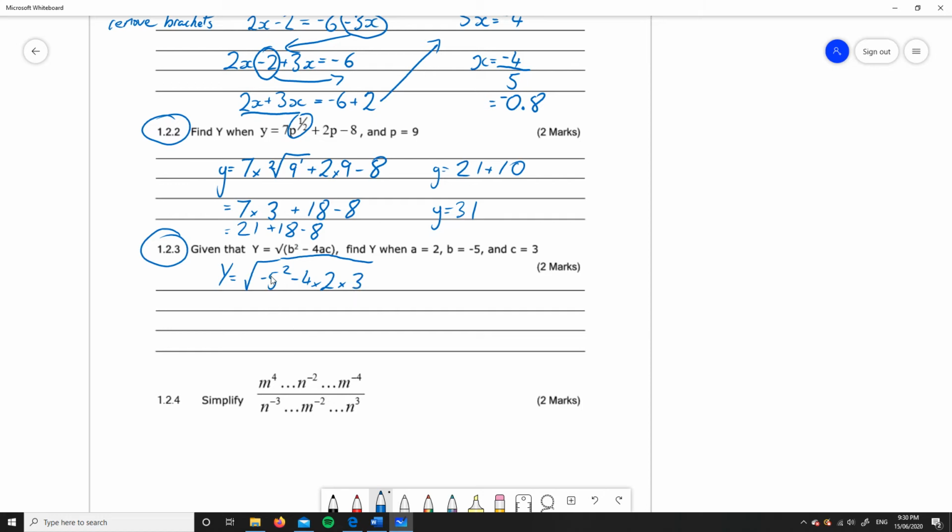So minus 5 squared is going to be 25 minus 8 times 3, so that's going to be 25 minus 24. So y equals square root of 1. 1 times 1 is 1, so y is equal to 1.